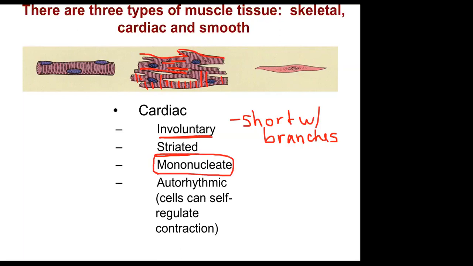So they typically have one nucleus. I think in the pre-week video, they mentioned it may be binucleate, possibly having 2, but in most cases, it's 1 nucleus. And another difference is that cardiac tissue is autorhythmic, so it can self-regulate contraction, which is an important difference.